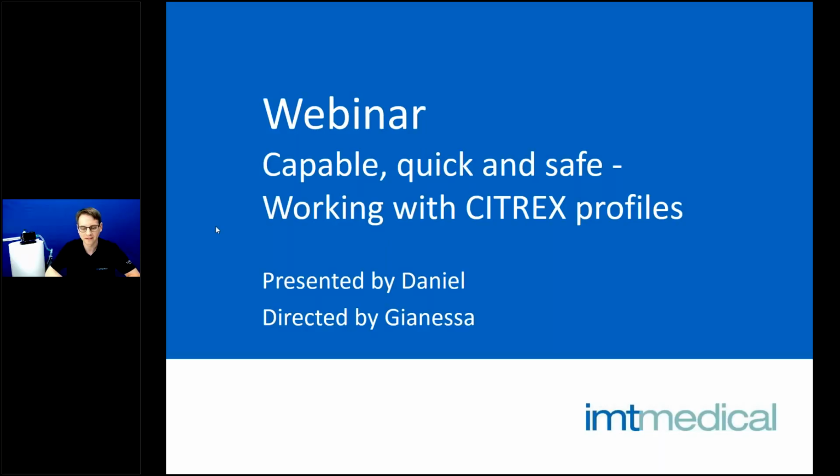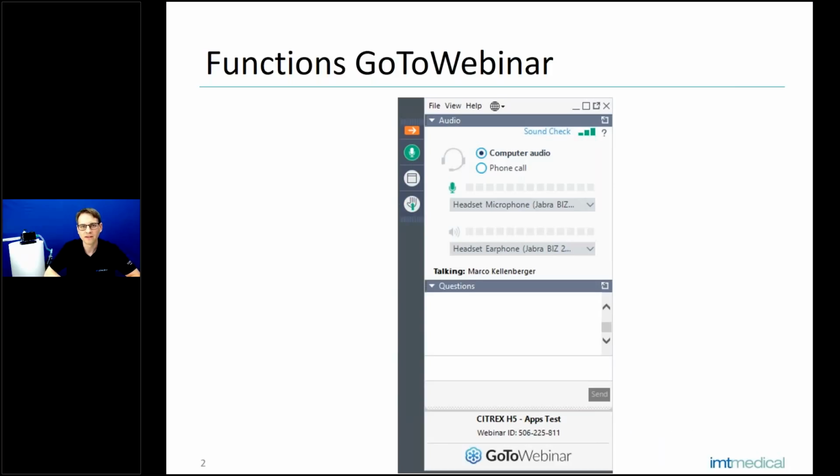Before we start, I want to show you quickly the most important functions of our GoToWebinar platform. You should now see this control panel, which you see on my slide here. We have different sections here. At the bottom, we have a chat section. At the end of the webinar, we will have a discussion and question round.